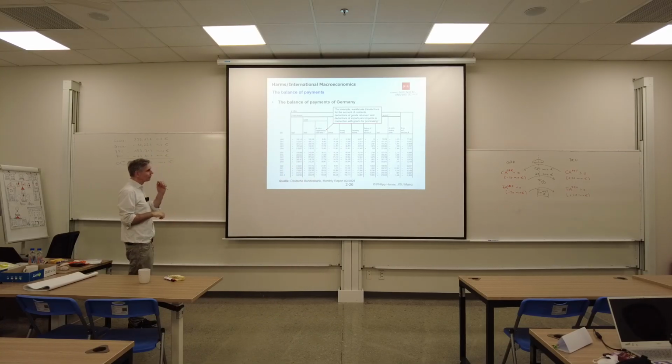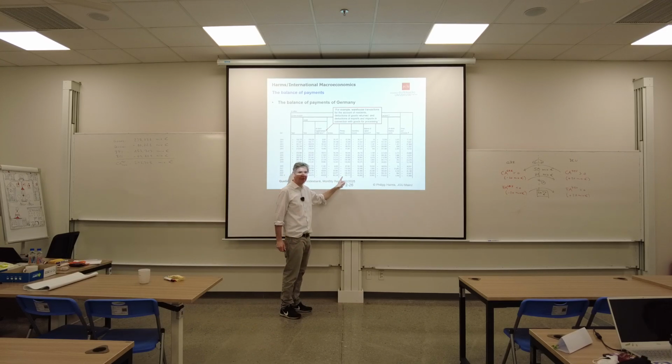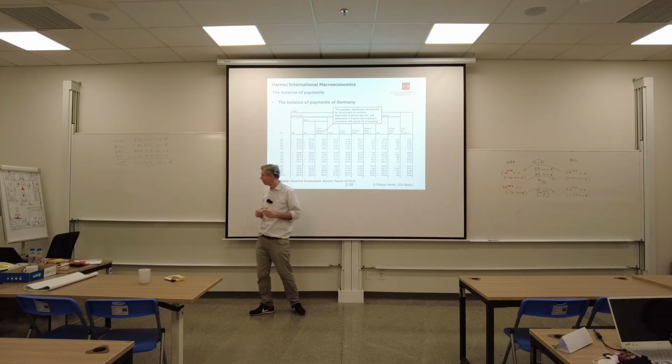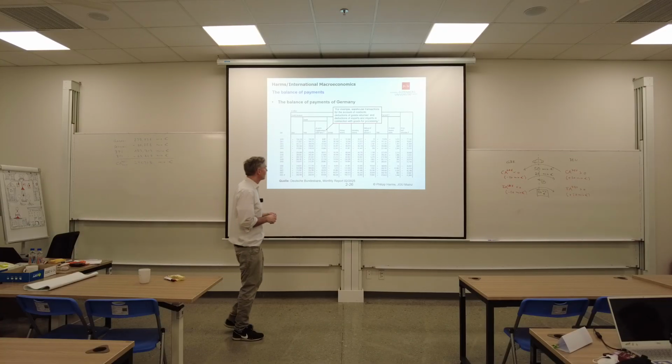And please note, for Germany, again, it would be foolish to say the current account balance is just net exports, because primary income in Germany is huge, right? And ignoring this and neglecting it would be very, very wrong. Okay, let's look at the capital account.